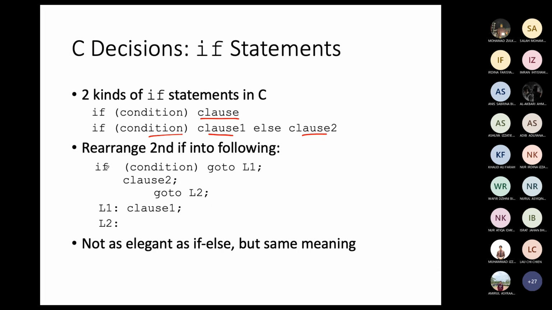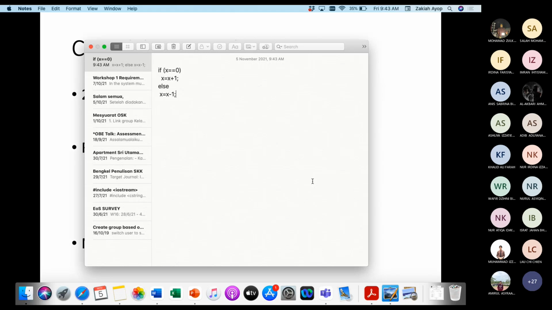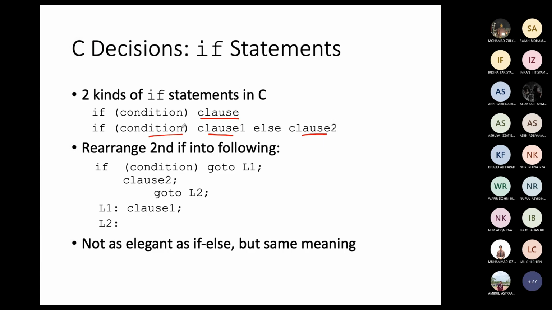So if the condition is true, go to L1. To write this statement, we want to execute L1 here. This one is L1, and this one is the condition for L2, clause 2. So if the condition is true, jump to L1.